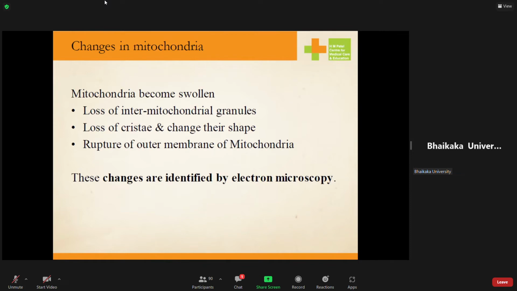While here, in case of irreversible cell injury, there is a loss of intermitochondrial granules, loss of its cristae and change in their shape, and sometimes it leads to rupture of the outer mitochondrial membrane. All these changes are seen by electron microscopic examination.